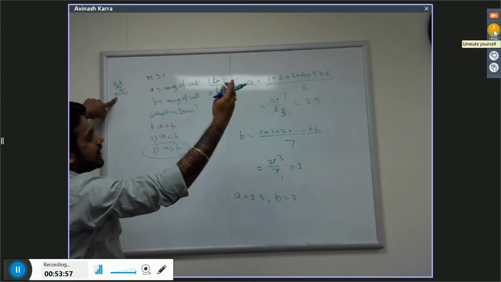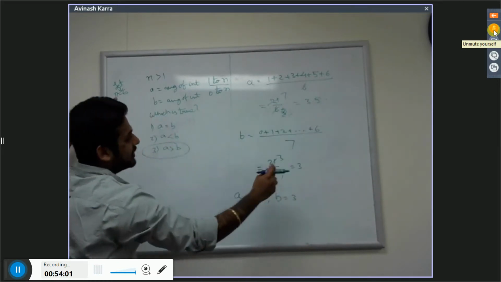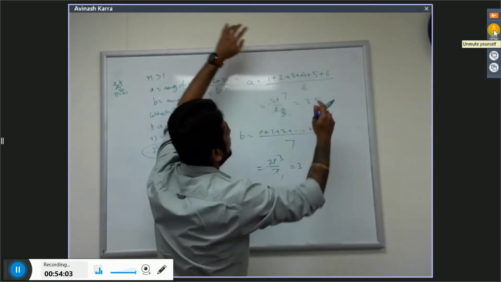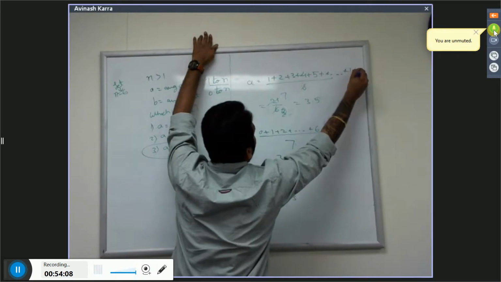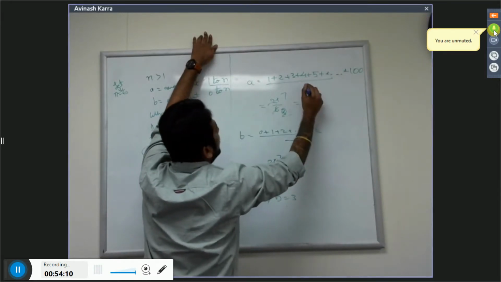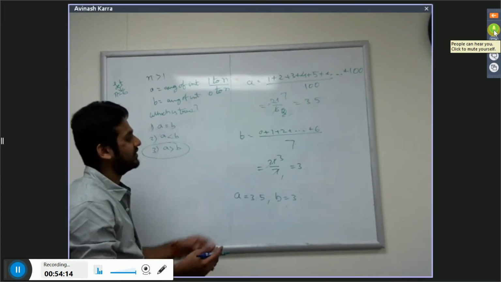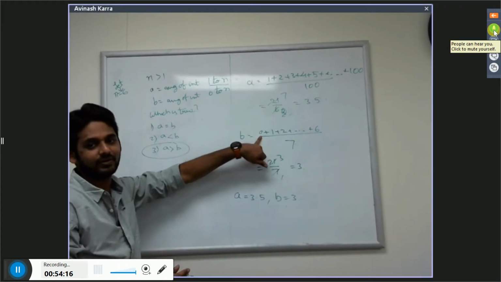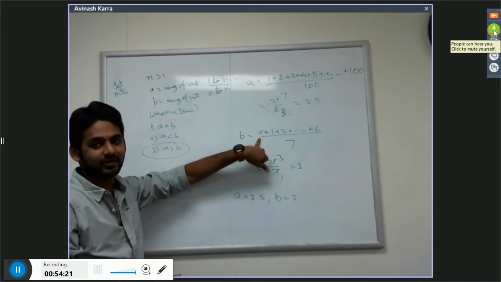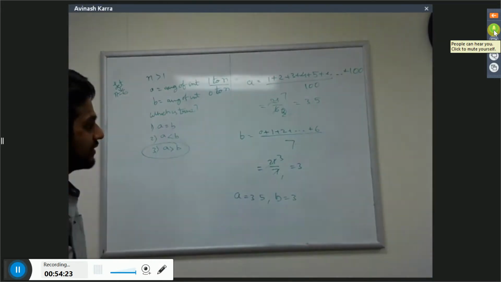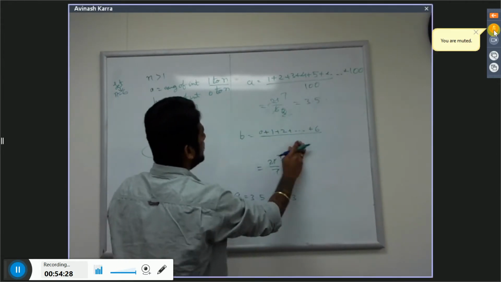Even if you take n equal to 100, the denominator value changes. Why? Because of 0. Here we need to consider 0 as a value. If it is 100 in this case, here it will be 101.